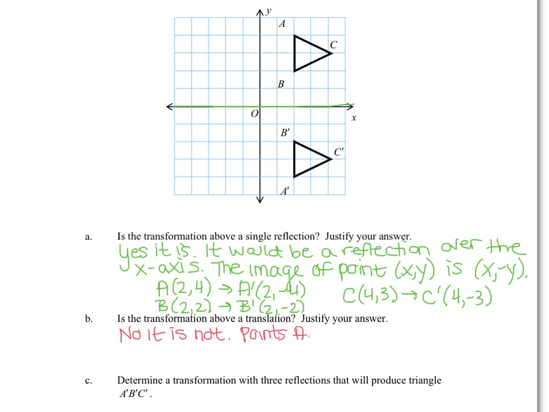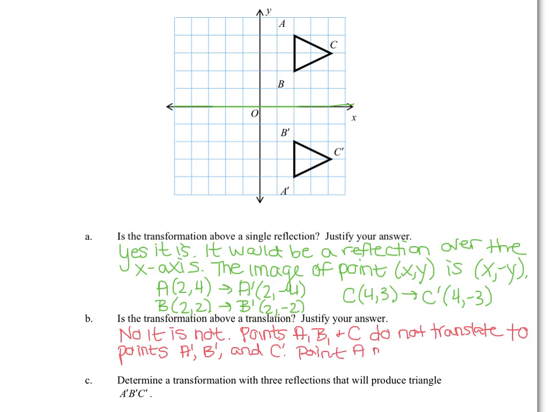Points A, B, and C do not translate to points A prime, B prime, and C prime. So what we can see is that point A moves down 8 units.